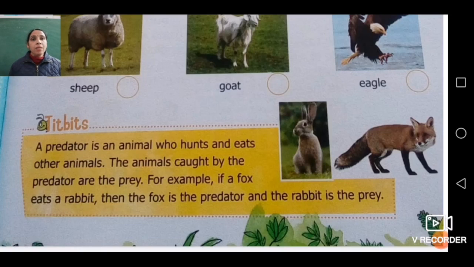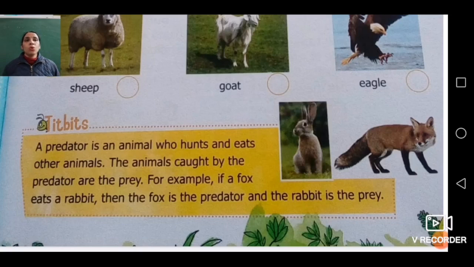Next, the animals caught by the predator are the prey. Now for example, if a fox eats a rabbit, then the fox is the predator and the rabbit is the prey, the one who runs from it.